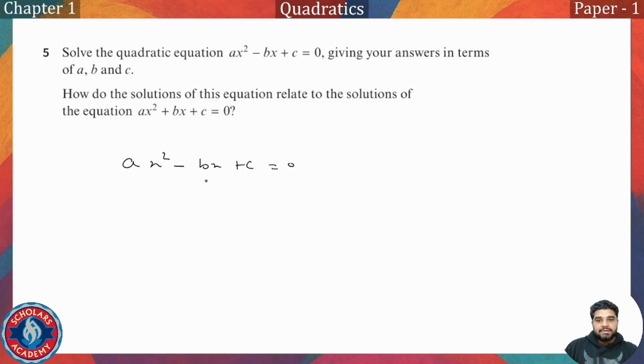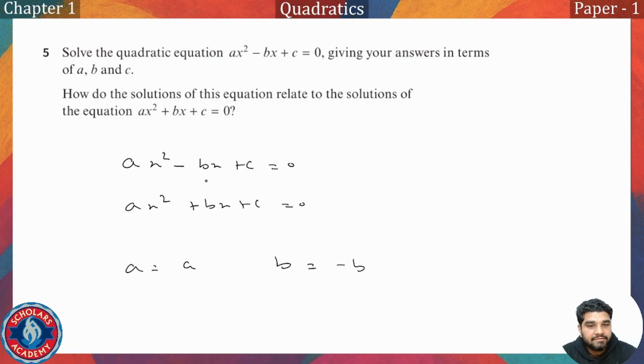So if we compare it with the general equation ax square plus bx plus c is equal to 0, in place of a, we can substitute a. In place of b, we will substitute negative b. In place of c, we will substitute c.